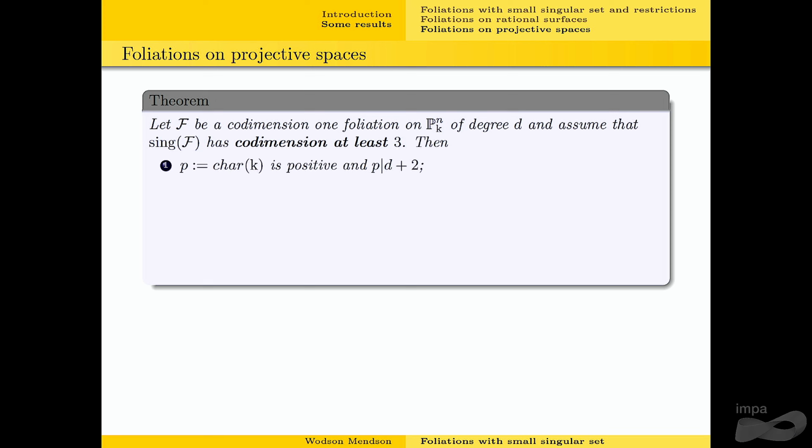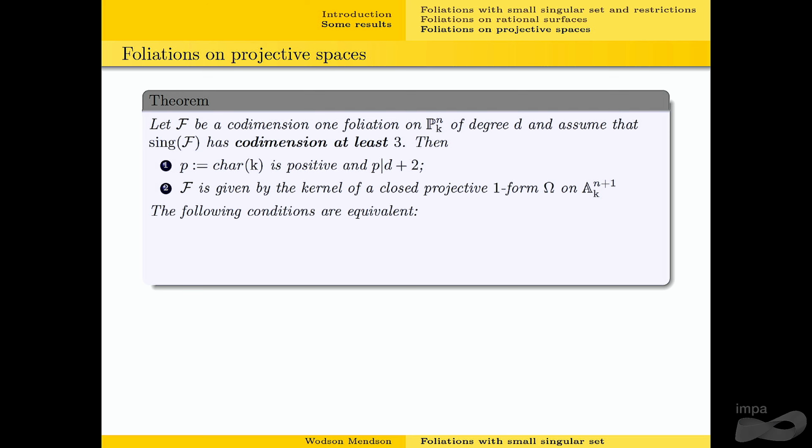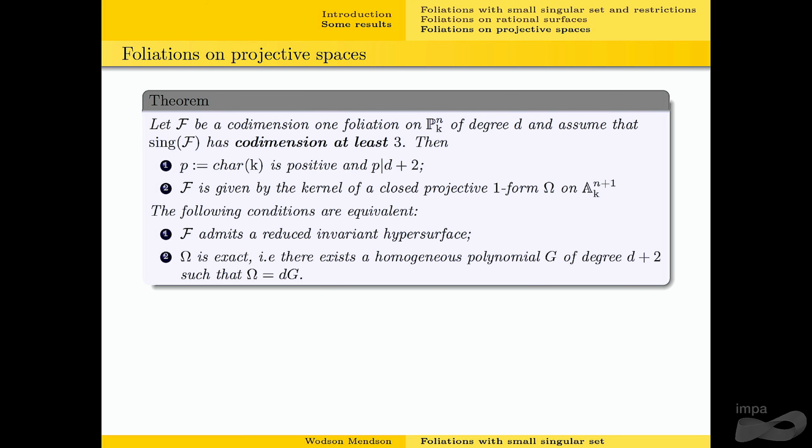Here's another theorem. We take a codimension 1 foliation with small singular set. So we have seen that p is positive, p divides the degree of the normal bundle, F is given by a closed form, and we can say more. F admits some reduced invariant hypersurface, and this form is exact. So there is a homogeneous polynomial so that this form is the differential of this polynomial.